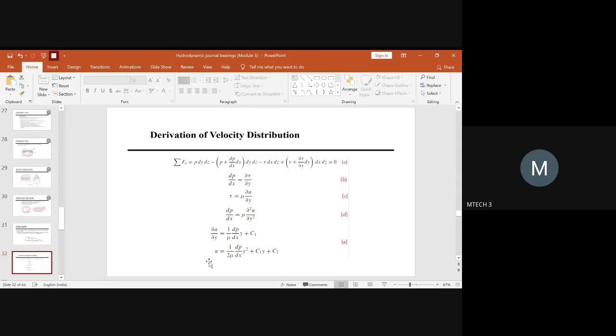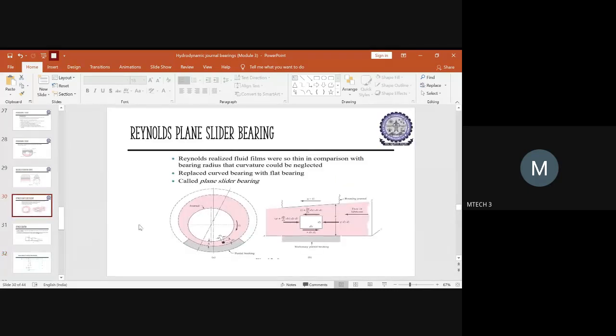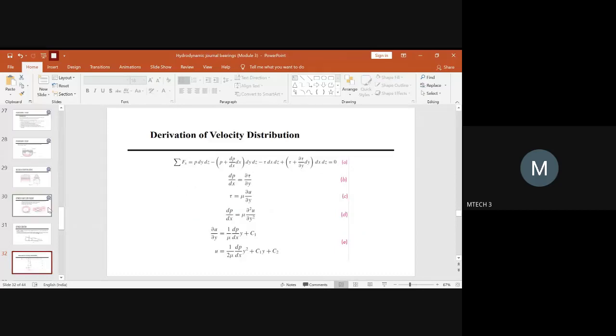So how the velocity is being distributed in the given journal bearing when the lubricant film has been moving will be given by this equation. Once you are thorough with the diagram and sketch, you can just add all the forces along the x direction and simplify it, and then use the shear stress equation we derived before using the viscosity concept.